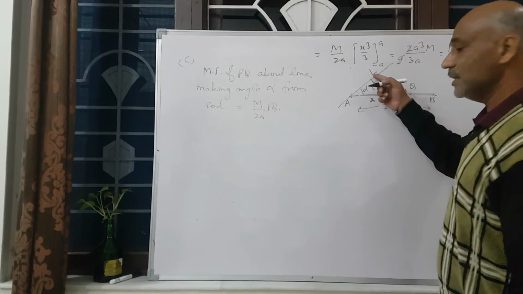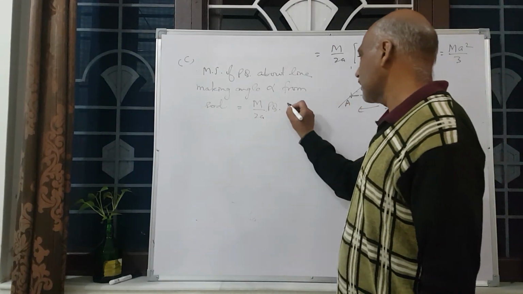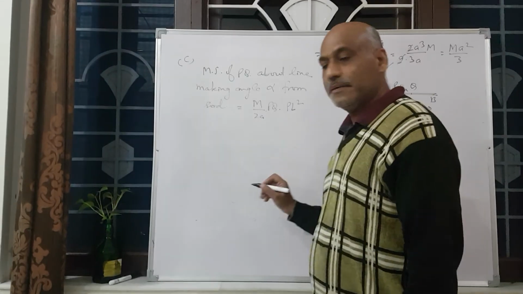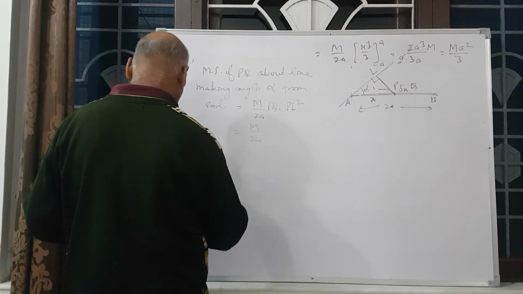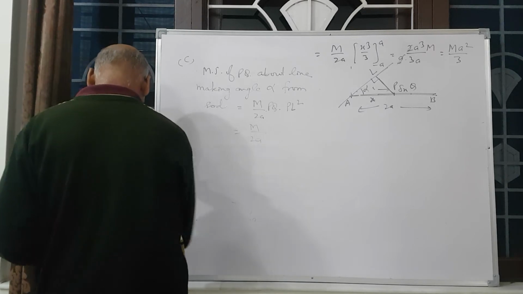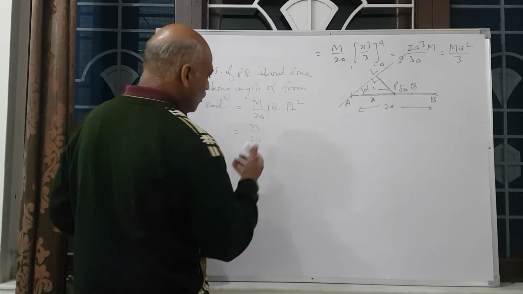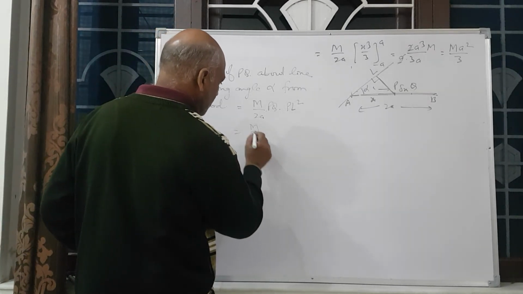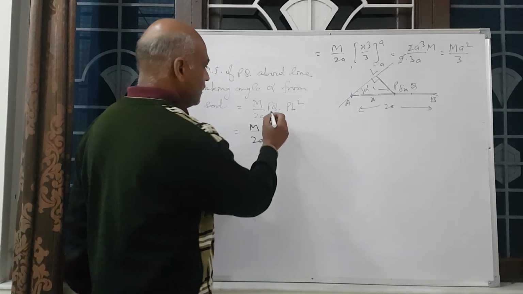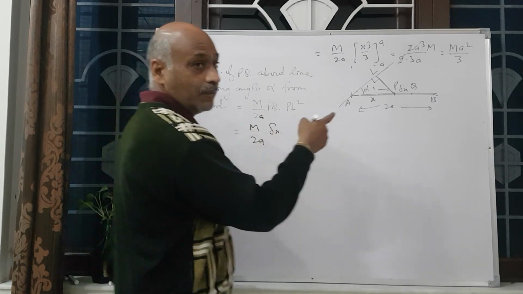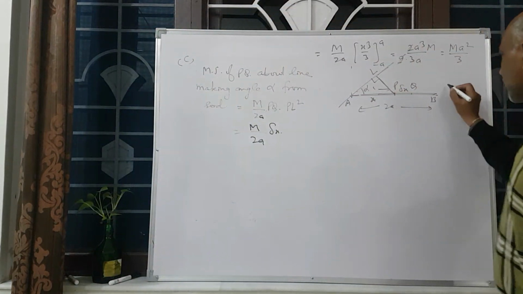What is the perpendicular distance? PL square. So m upon 2a, PQ means del x, times PL square. What is PL square? What is PL upon x?